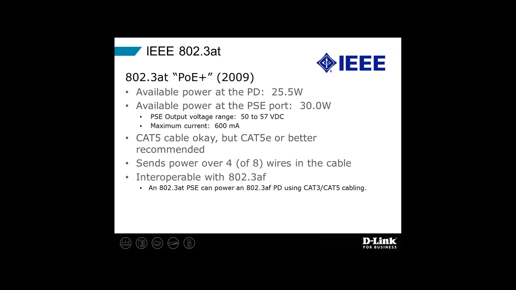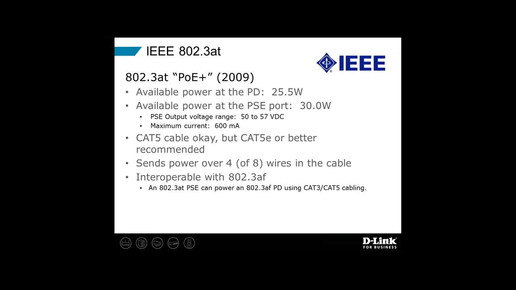It's using half of the wires in the cable to actually transmit that power. Now let's look quickly at AT. AT came out in 2009, and it increased the amount of power that's available in a PoE system. 802.3at makes available up to 30 watts at the PSE port. And again, with voltage drop at the other end of the cable, it ensures that 25.5 watts of power is available at the PD.